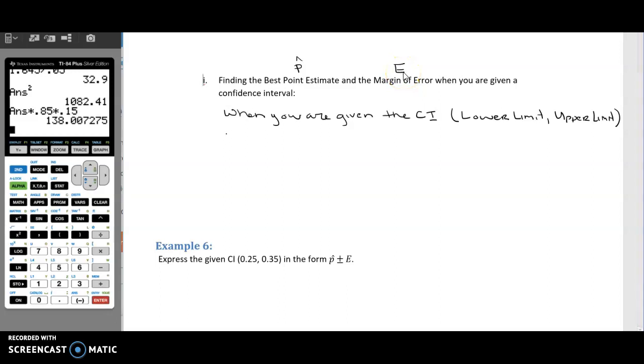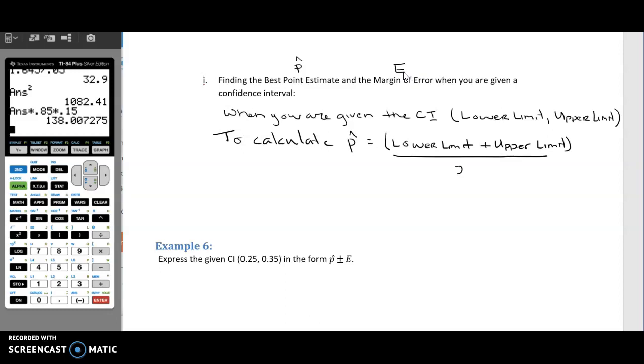So to calculate p hat, it's the lower limit plus the upper limit divided by 2.